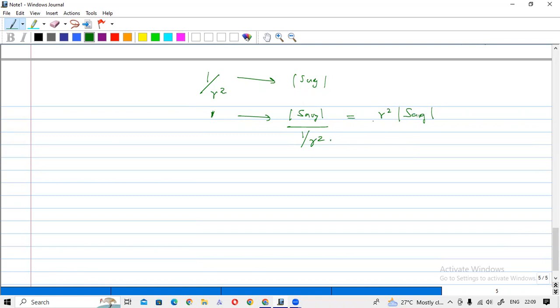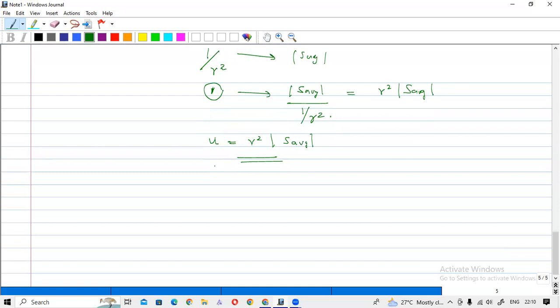This is the power radiated through a unit solid angle. That is what we call radiation intensity. So radiation intensity is equal to r square times the magnitude of S_AVG. This is how we find the radiation intensity.